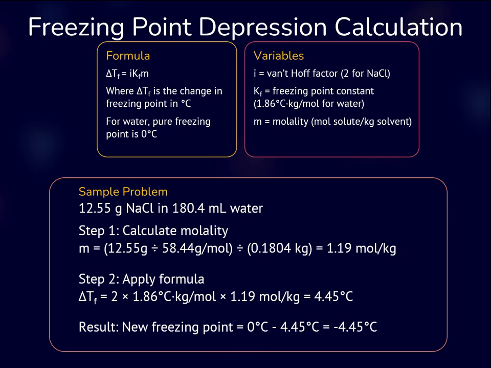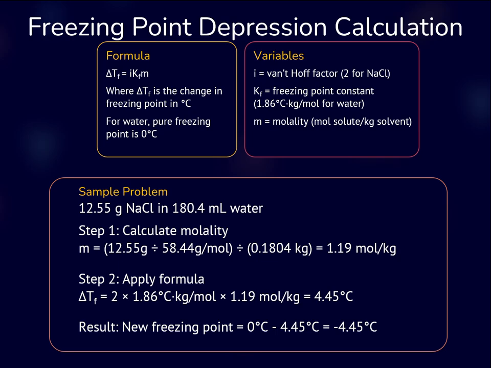We're going to multiply those values to get a value of 179.3 grams. But again, molality is moles per kilogram. So I'll do one more step. I will convert that 179.3 grams into kilograms, making it 0.1793 kilograms.